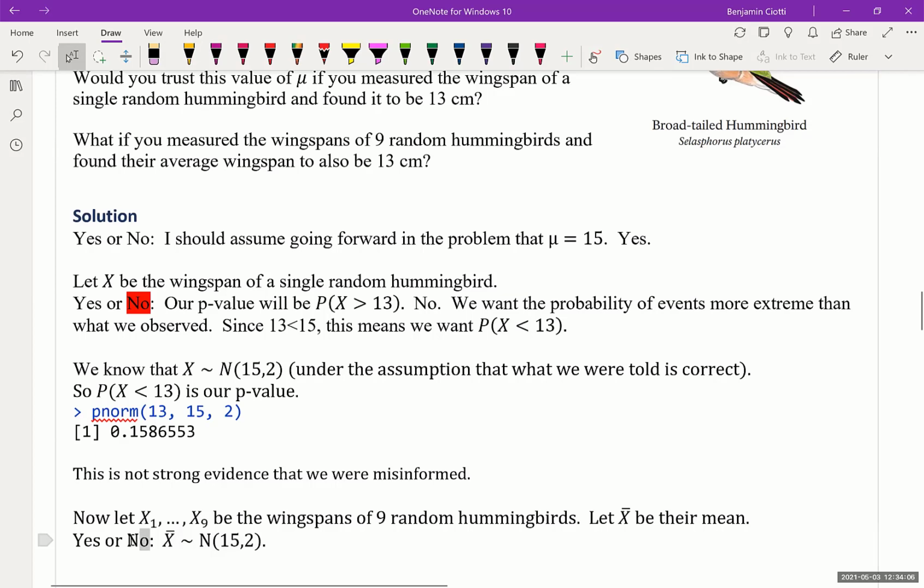Oh, and I see Nathaniel asked me a question about the first part. He asked if we could have used that 13 is 1 standard deviation away from 15, and yes, that would have been a shortcut. You could have even used the 68, 95, 99.7 rule. It leaves about 16% on either end, and sure enough, we got about 16%.